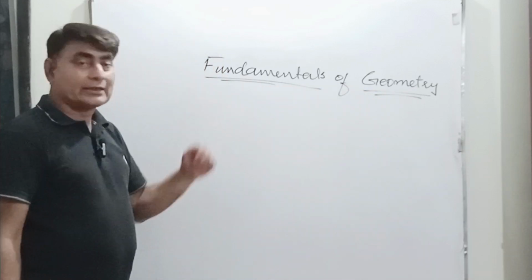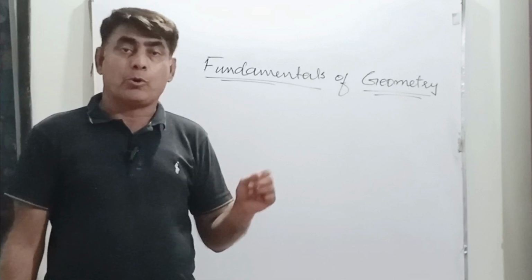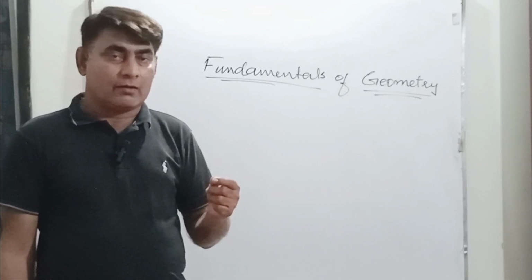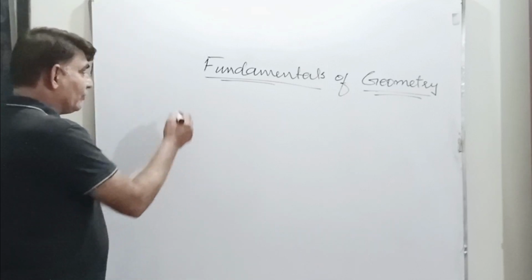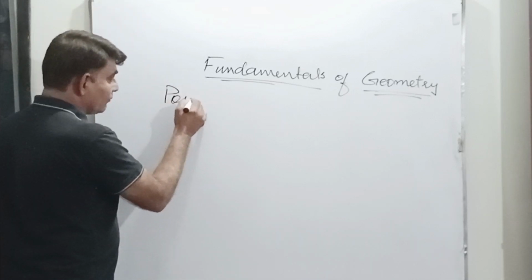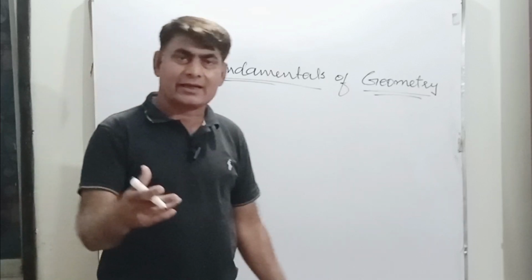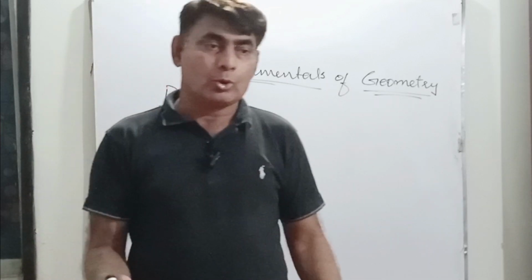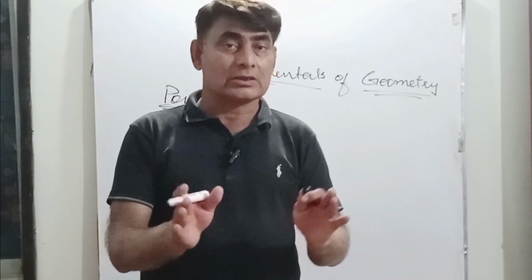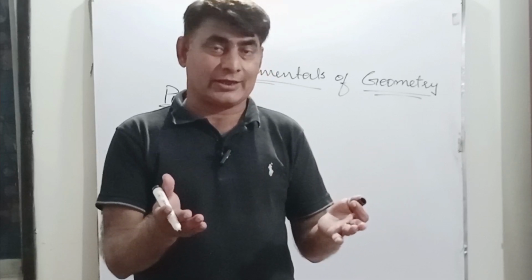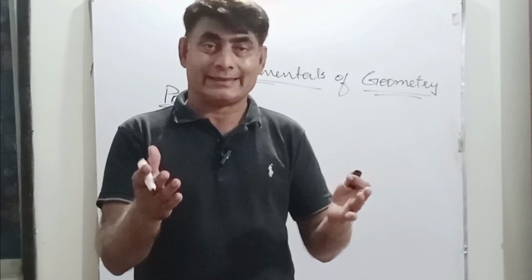Okay, now starting with point. So what is a point? First of all, we will define the term point. A point is something that describes position, with respect to some reference lines, or one can say with respect to a point.